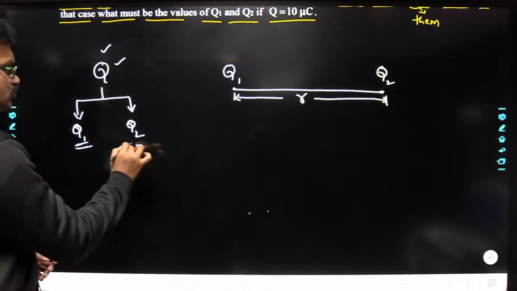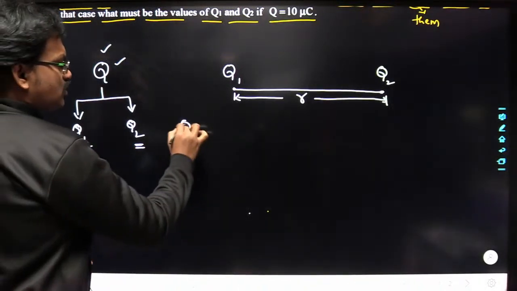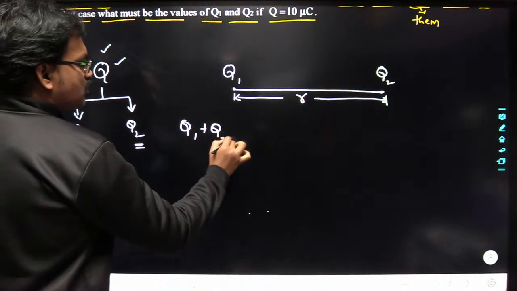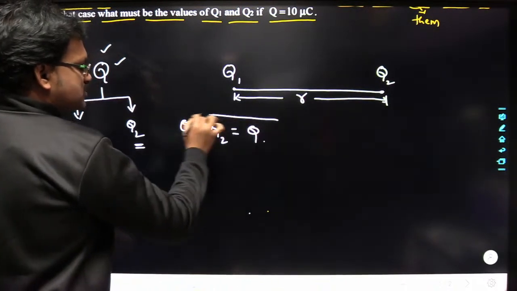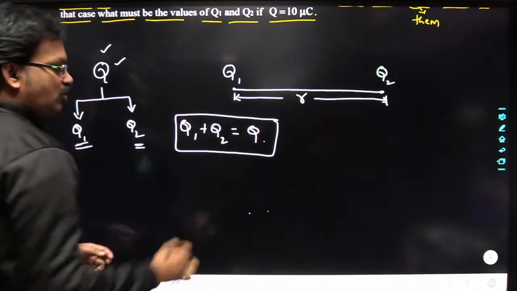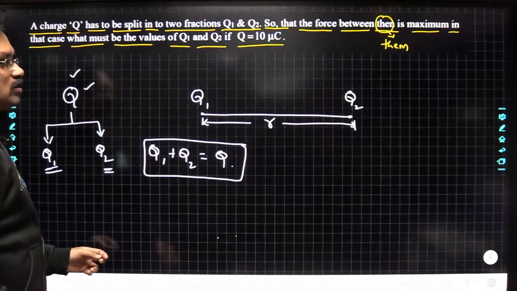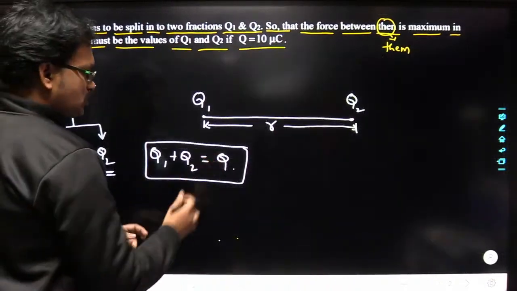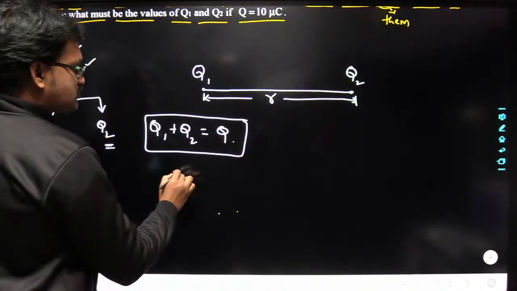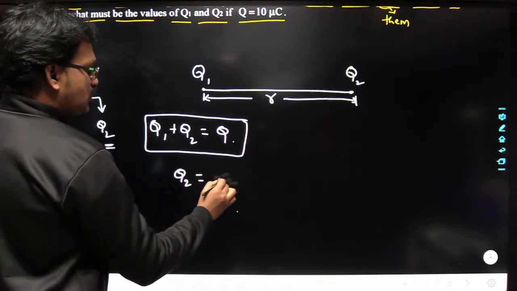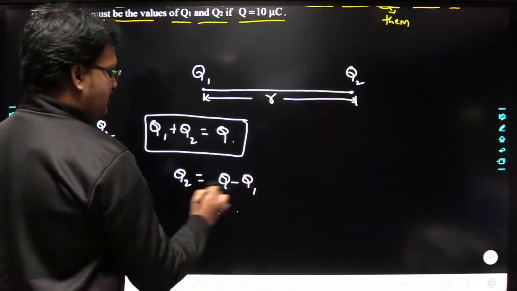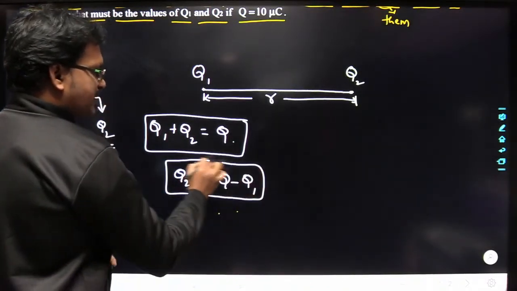This Q1 plus Q2 must be equal to Q. So if Q1 plus Q2 is equal to Q, I can write Q2 is equal to Q minus Q1.